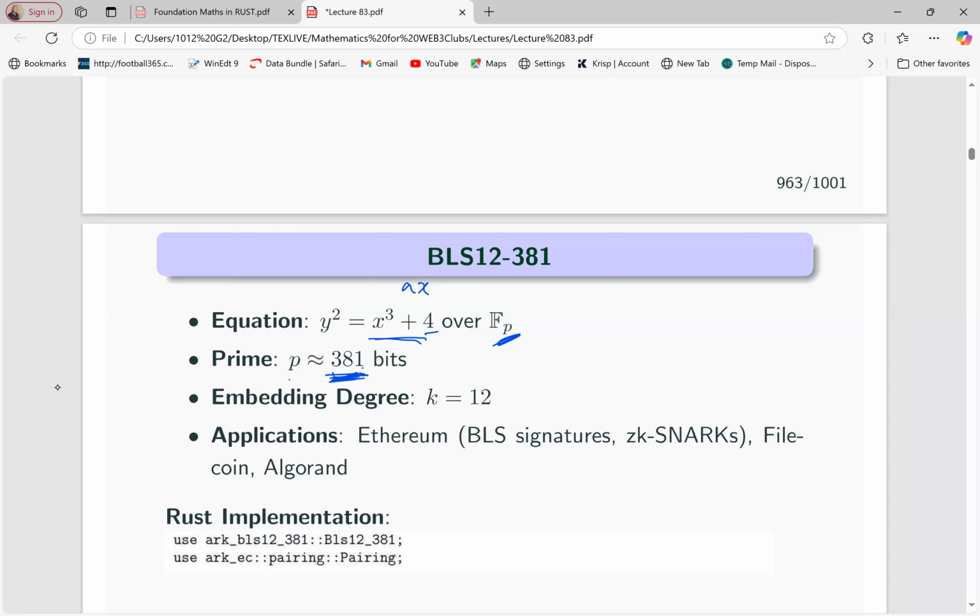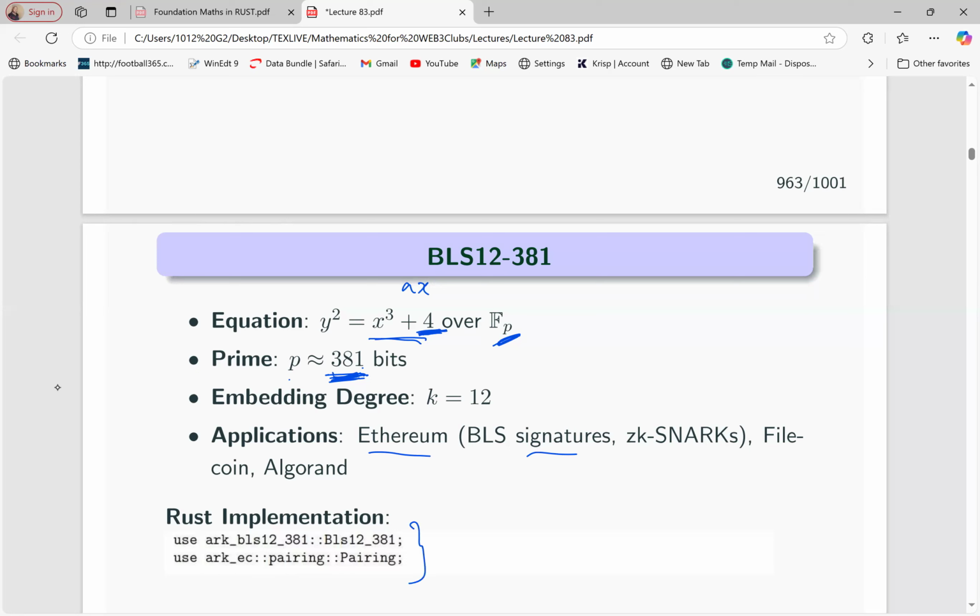Here, you can see the B has been defined as 4. In the other one, the B was not defined so that every company will put its own B. Where is it used? It's used by Ethereum, BLS signatures, and ZK snarks.